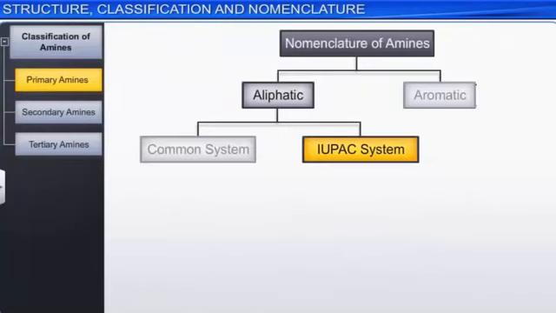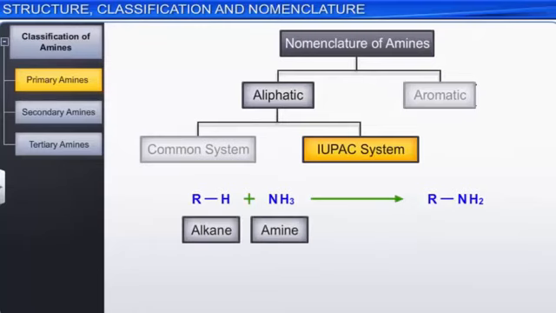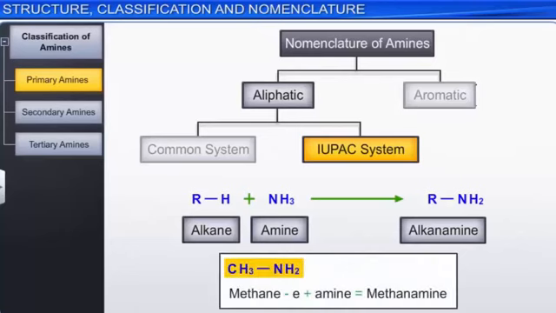In the IUPAC system, alkyl amines are named alkanamines. The name is derived by the replacement of the e of the alkane by the word amine. For example, CH3NH2 is named methanamine.